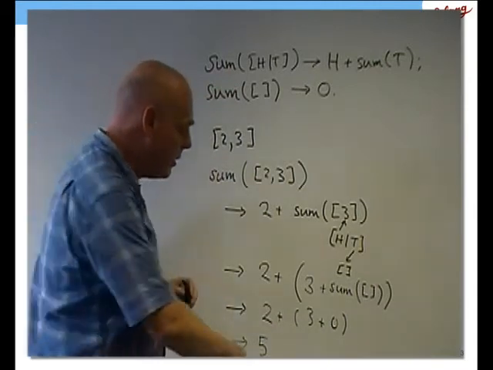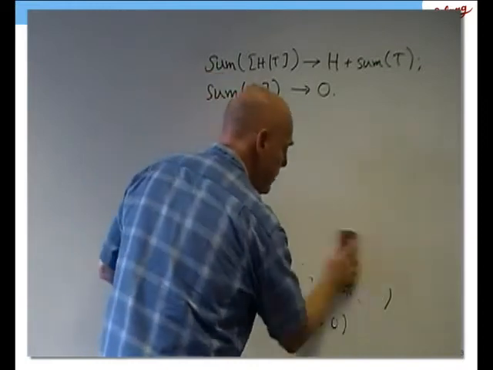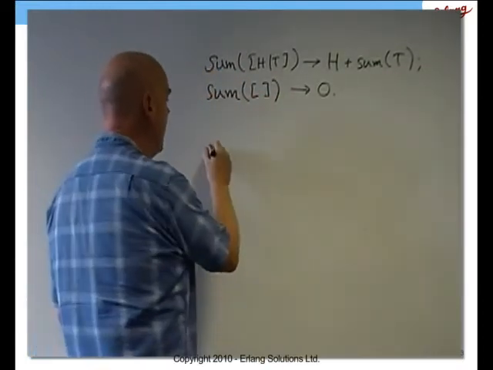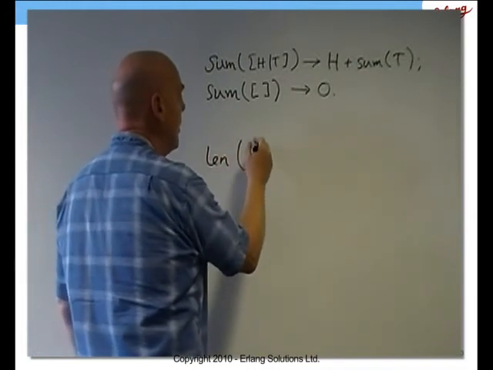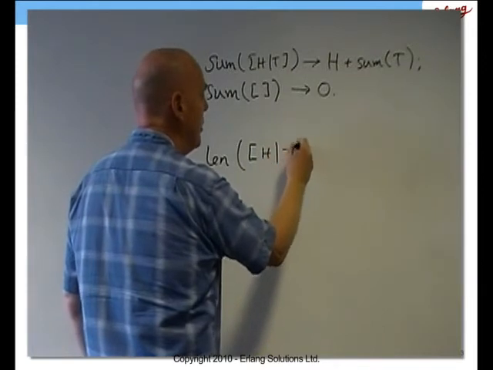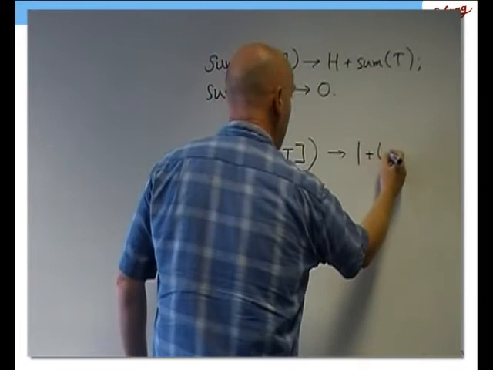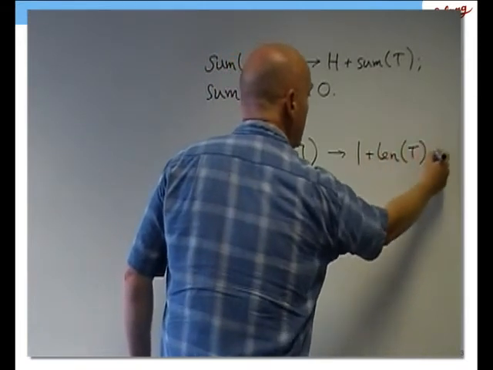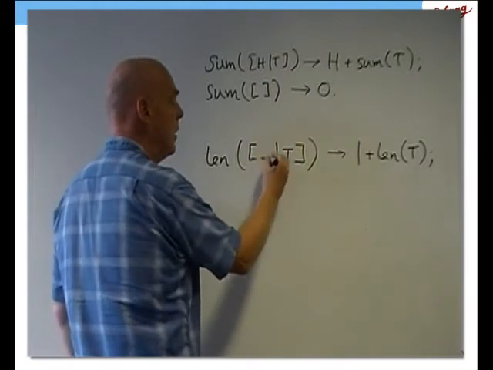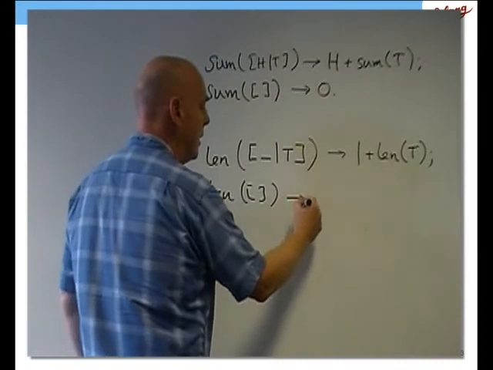Okay, so that gives us the sum, and I'm sure you can see that there's a pattern here. What we get for length, again the pattern is length of h cons on with tail is 1 plus length of the tail. In fact, we don't use h there, so what we can say is underscore, and length of the empty list is again 0.